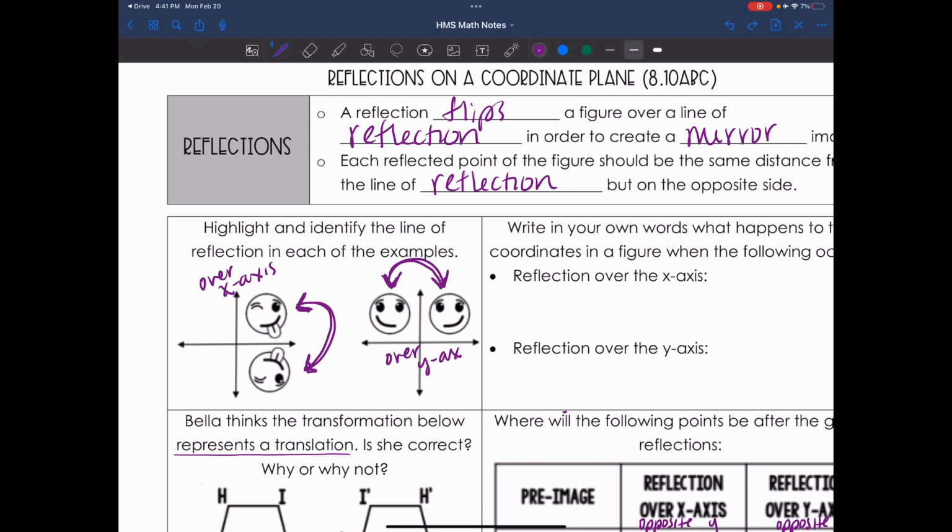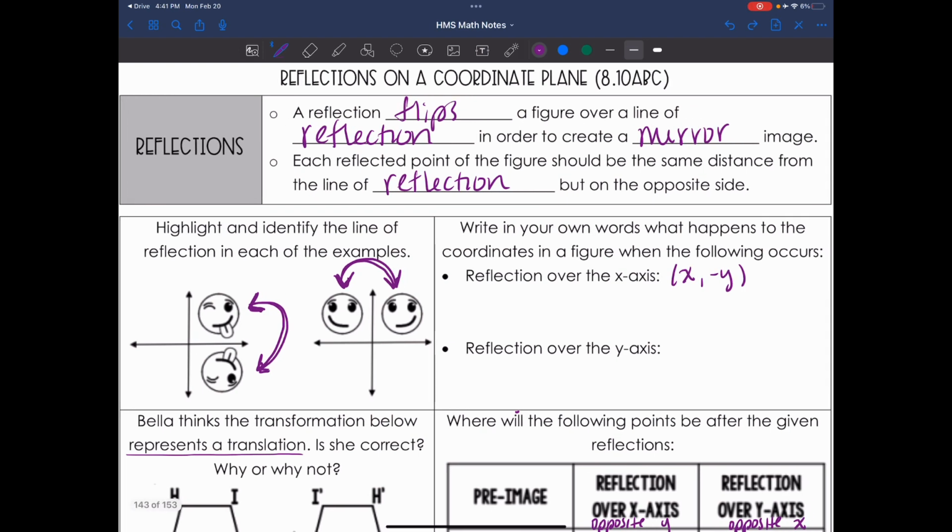Now, reflection over the x-axis, which is the first smiley face, algebraically looks like x comma negative y, which is basically the x stays the same, but the y becomes the opposite. So if you flip over the x-axis, take the opposite of the y.